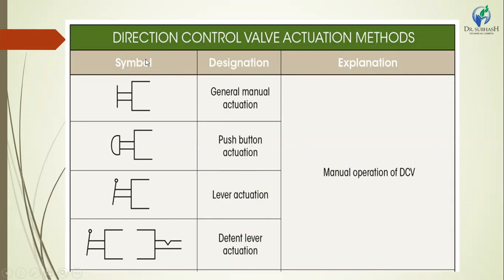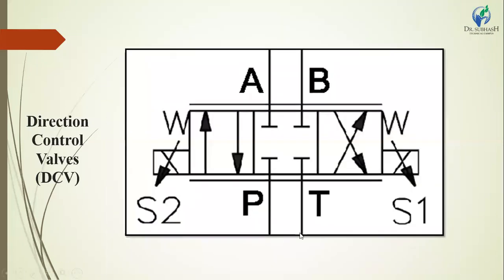Next, we will show the direction control valve actuation methods. If you have to operate any type of valve, it needs an external source; a DCV cannot operate itself. Here the operating conditions are mentioned: this position and this position are the operating conditions.